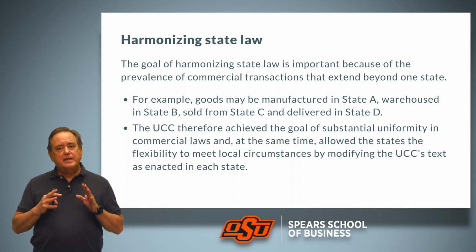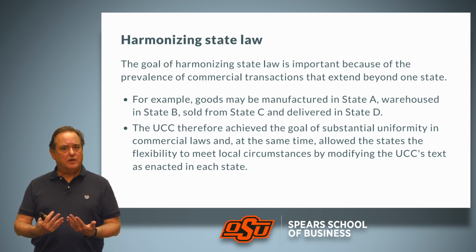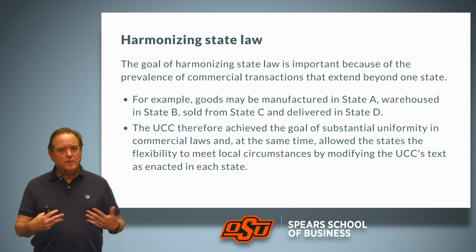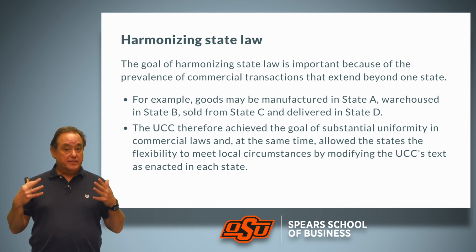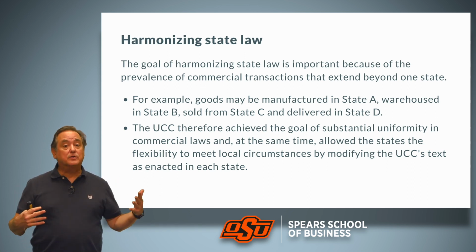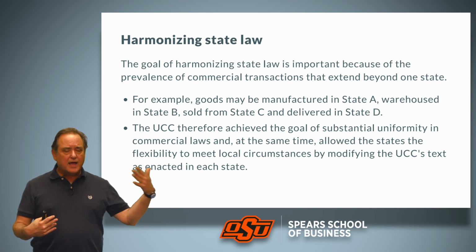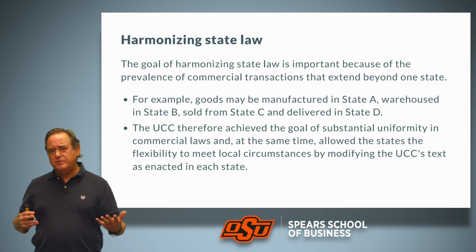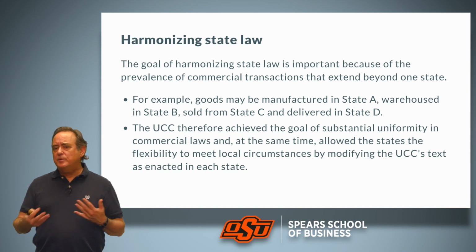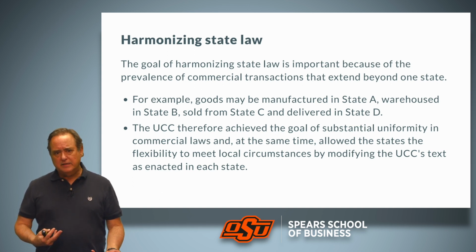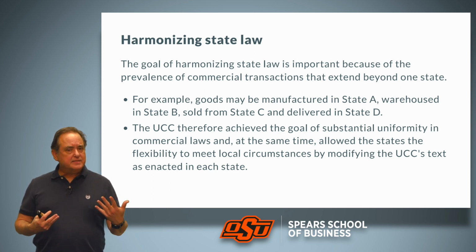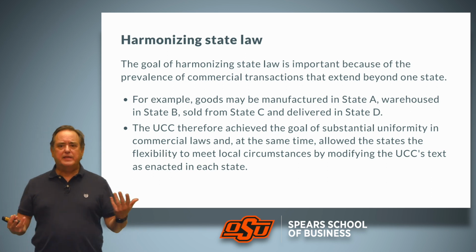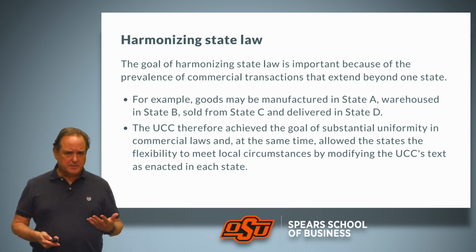The UCC, because it harmonized sales law, gave us the goal of uniformity in commercial laws, uniformity in sales law. Thus, the companies in the states are able to rely on the same source of law. Now, because it was a model law set for adoption by states, any state could modify the UCC, but the differences are very minor, oftentimes just involving how the statutes are numbered.